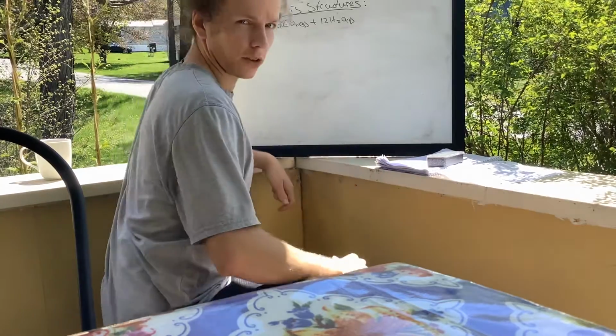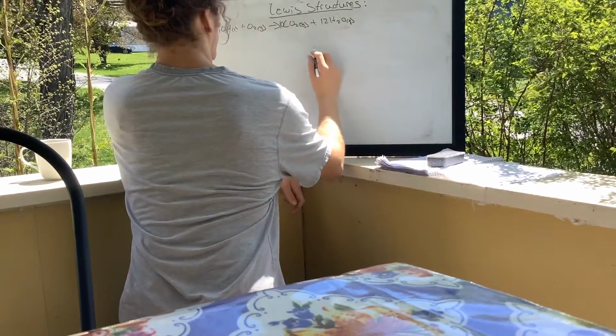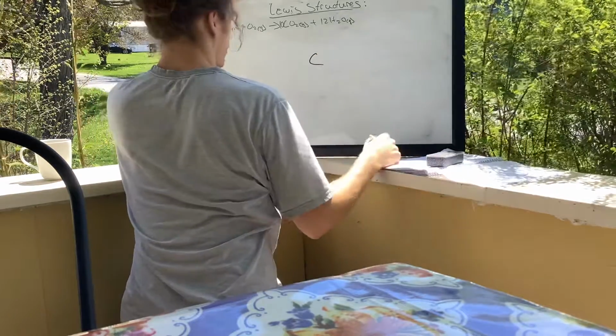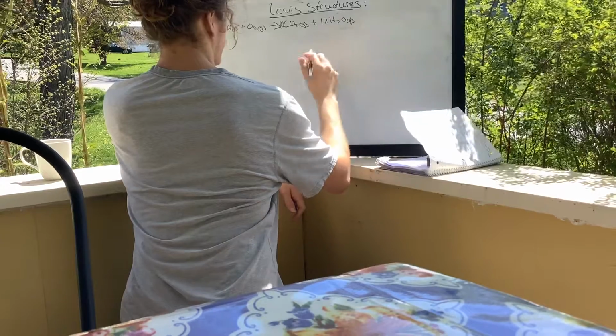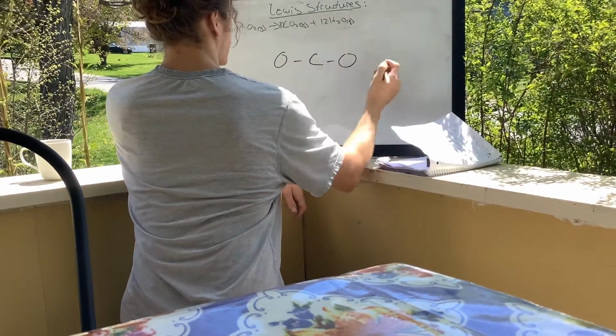So the next one we're going to do is figure out CO2, and that's going to be C as a central atom, right? It's the first one you figure out, and O is going to be off to the sides, right? And what do we have total?